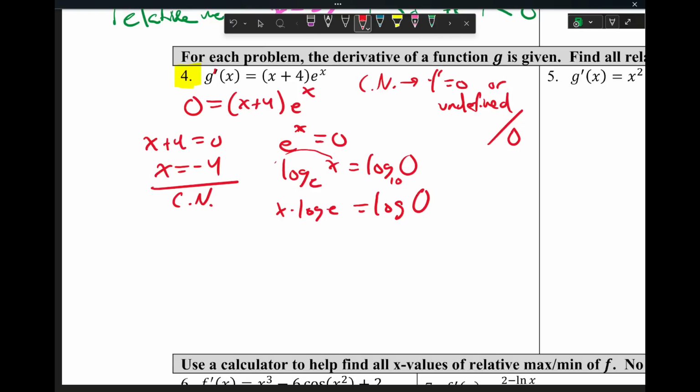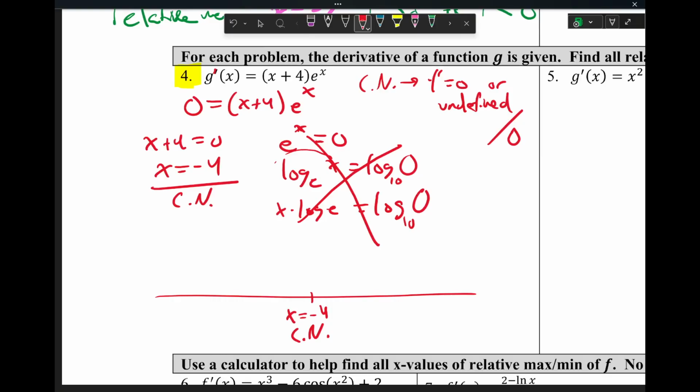For the same reason, there's no number that makes e to the x 0, because there's no exponent on 10 that gives you 0. So this just never happens. So there's only one critical number, and again, critical number means it is likely, but not guaranteed, to be changing directions there.